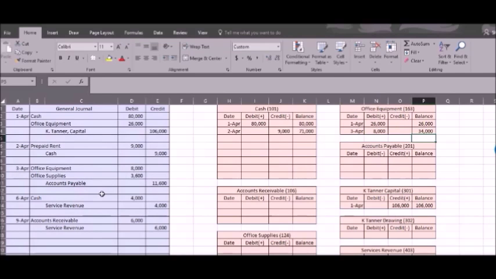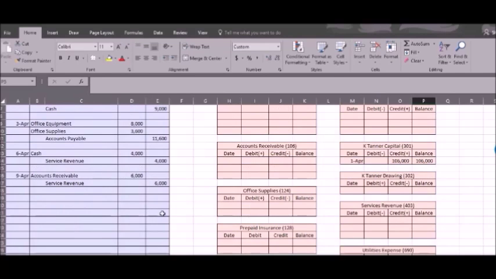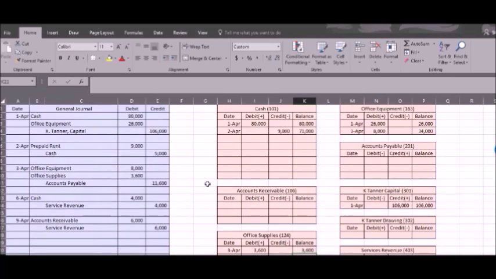Next is office supplies, April 3rd. So 4-3, office supplies gets a debit of $3,600, and since we don't have a balance, that is my balance, right? That is my balance, $3,600. So now we have posted both the debits from that transaction.